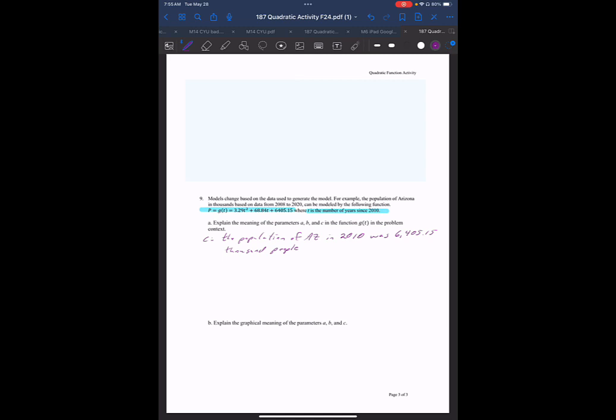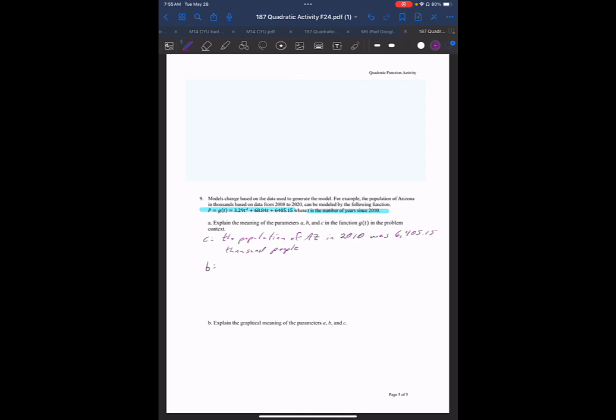Let's go ahead then and look at the B. What is the B parameter telling us? And B, we remember, is the instantaneous rate of change when T is equal to 0.